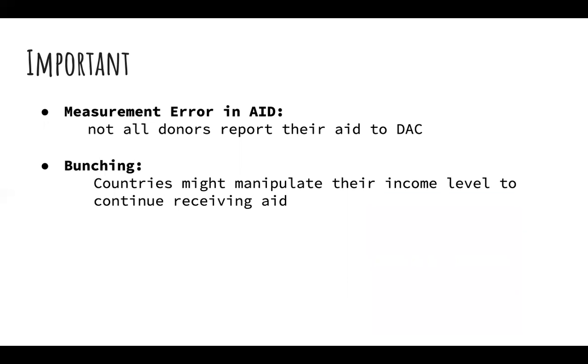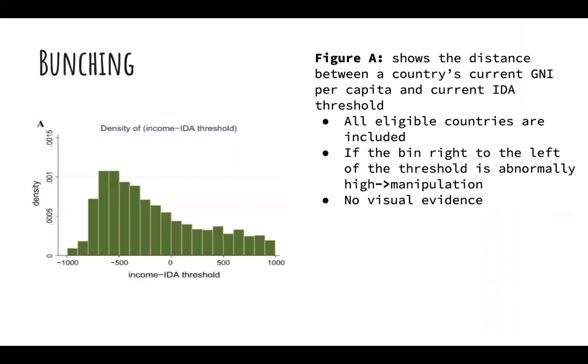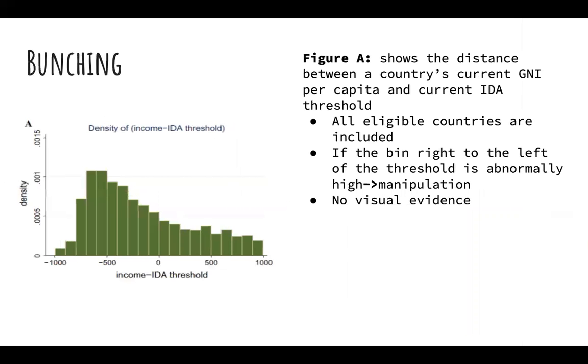So in the next slide, we can see the histogram that shows the distance between a country's current GNI per capita and the current IDA threshold. All eligible countries from the period of 1987 to 2010 were included. Here we group country-year observations in $100 bins according to the distance between the income level and the current IDA threshold.